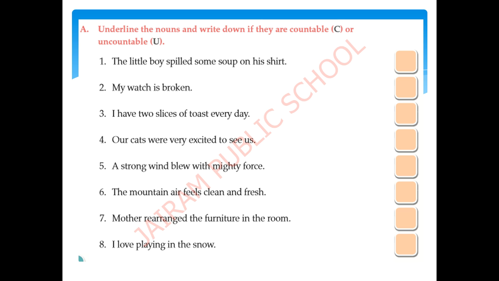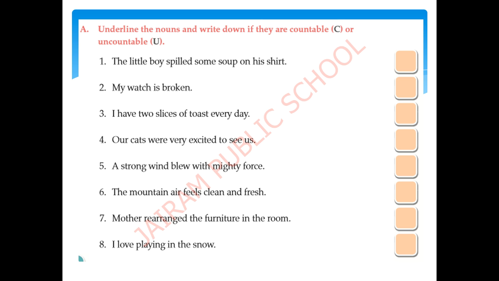Underline the nouns and write down if they are countable or uncountable. Now you are going to underline the nouns. And you are going to write in the empty box. If it is countable, you can write C in the box.